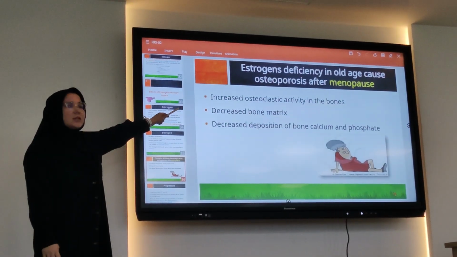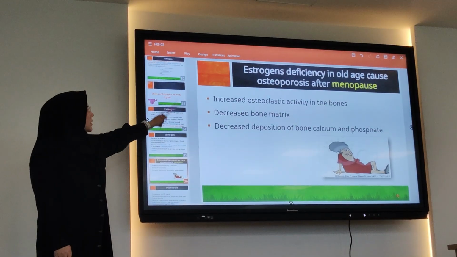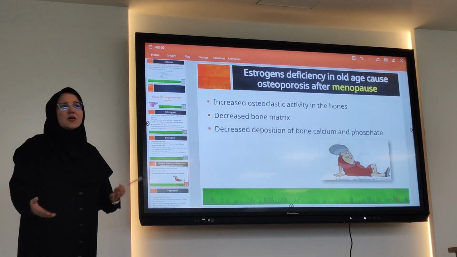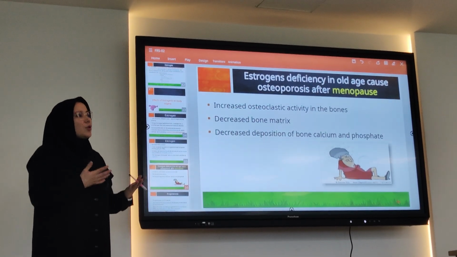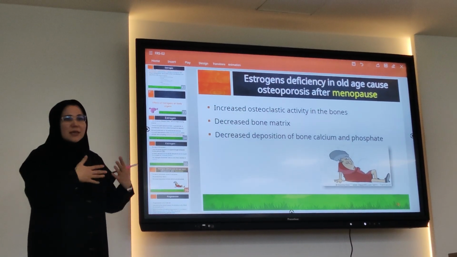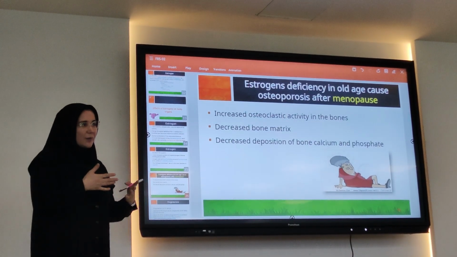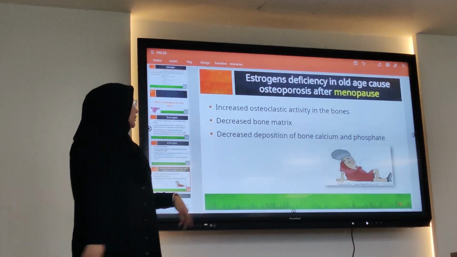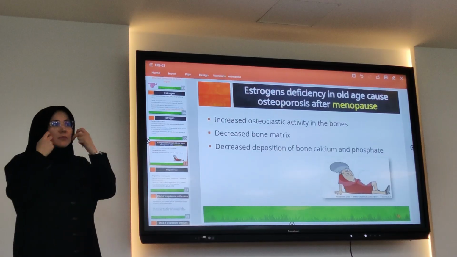Because reduced estrogen increases osteoclastic activity, decreases bone matrix, and decreases deposition of calcium and phosphate ions, and by all of these, osteoporosis has a high prevalence among females after menopause. By menopause, because estrogen decreases, the chance of osteoporosis increases. Any question?